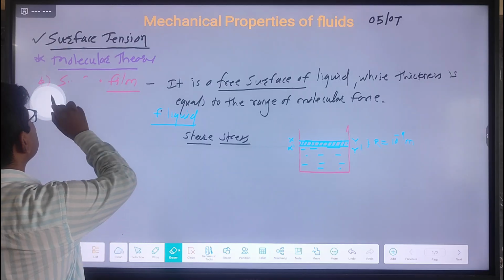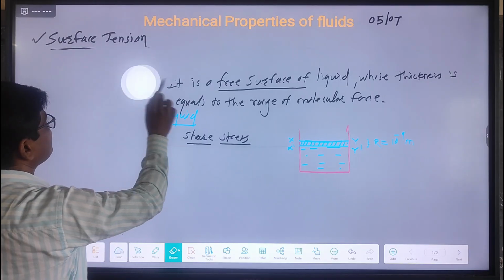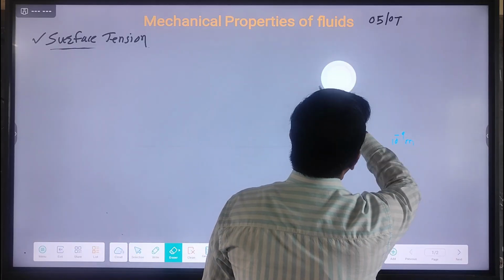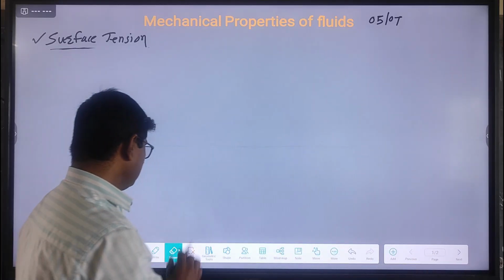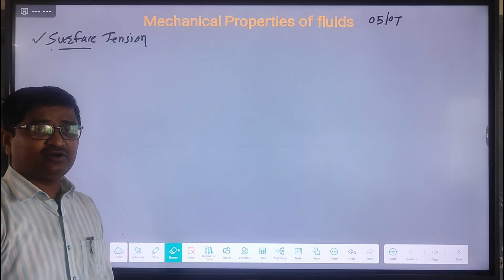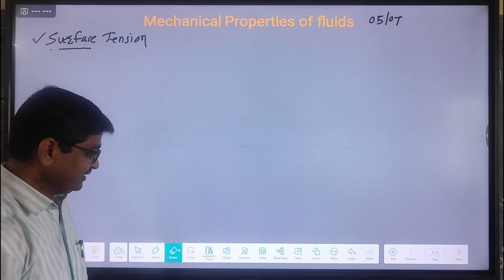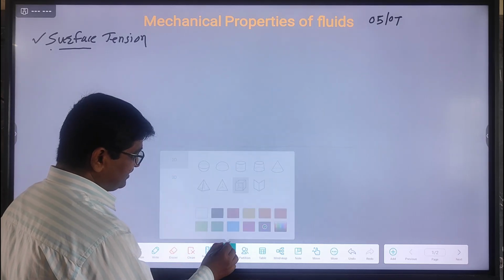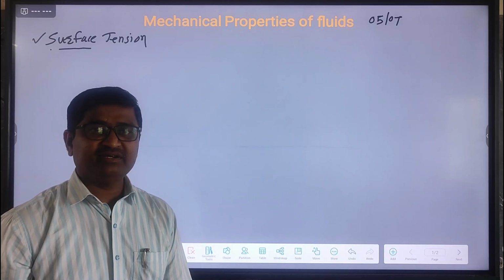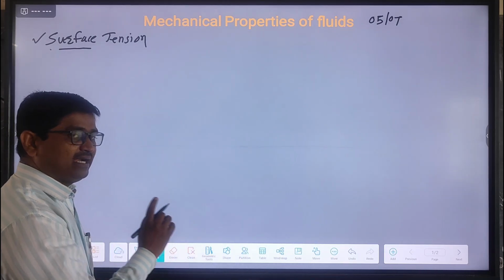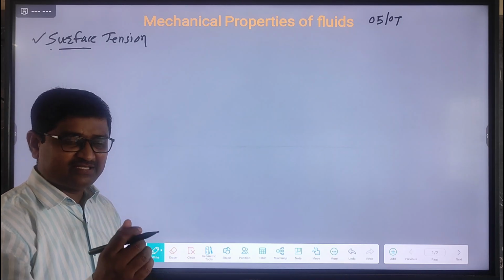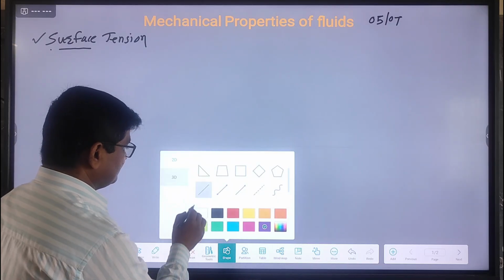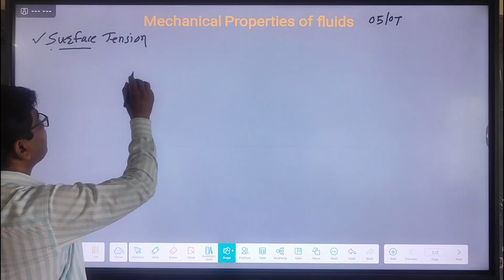The next point from this chapter according to surface tension. Now the force acting on a molecule on the free surface of liquid, we discuss with the help of a simple diagram. So we are trying to draw the diagram.